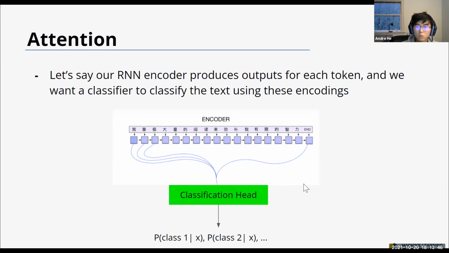So one mechanism for this is attention, right? So you want to somehow produce weights for each token, which represent how much you want to attend to them, and then take the weighted sum of all the tokens as the vector that you want to do the classification on.